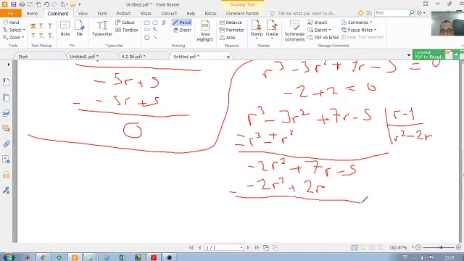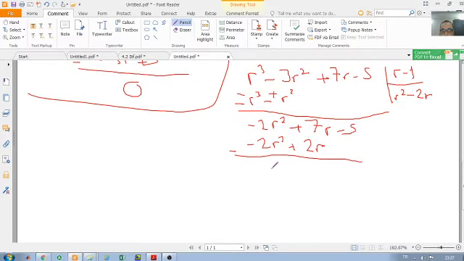When we apply the subtraction, we obtain 5r minus 5. And to get 5r, we multiply by plus 5. So we have 5r minus 5, which means we have 0 for the last one.